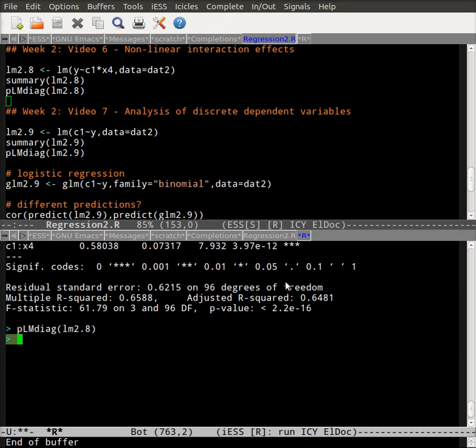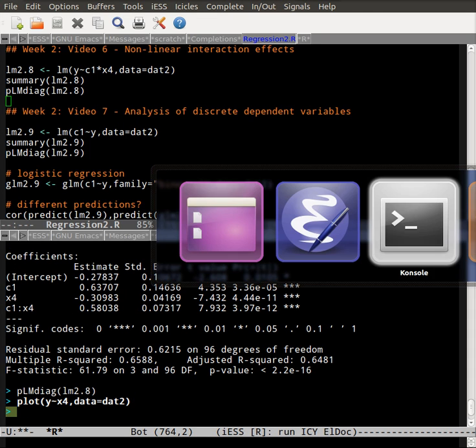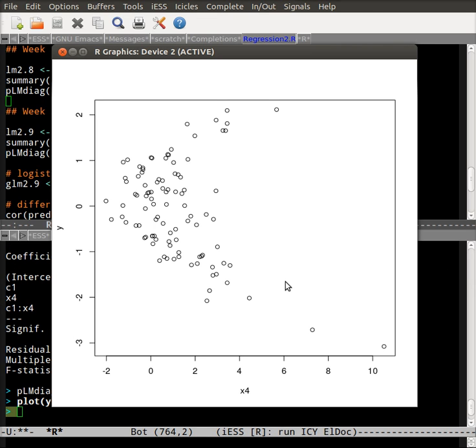And so I just want to make sure that everybody knows what that looks like. And that it is indeed a curvilinear relationship.